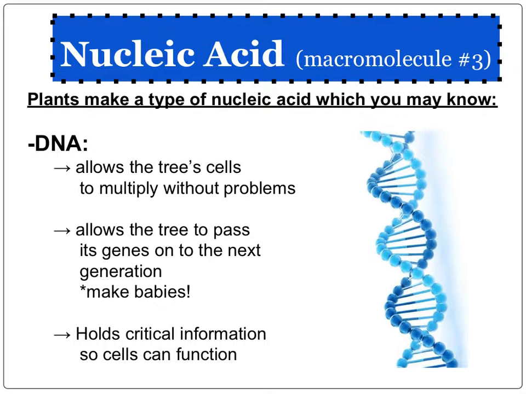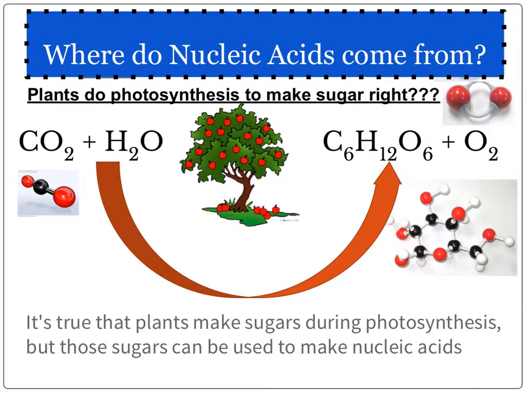Also, the DNA holds critical information, so each cell can function properly. So once again, you should be asking yourself, much like with lipids, photosynthesis makes sugars, so where did these nucleic acids come from?